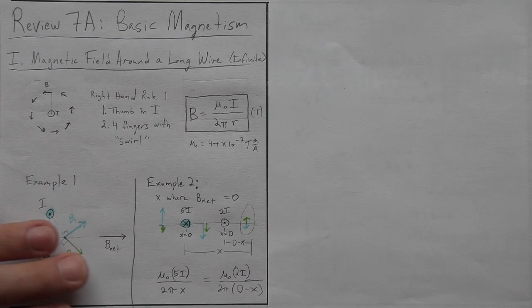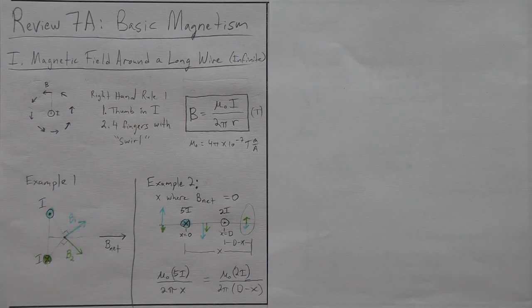I'm just going to show you a couple quick examples. These are the kinds of things that might show up on a multiple choice question. So I have 2 wires on the y-axis, and I want to know the magnetic field on the x-axis somewhere here, caused by these 2 wires.